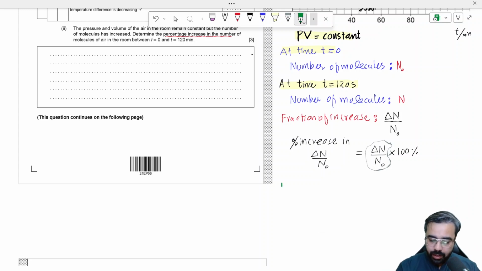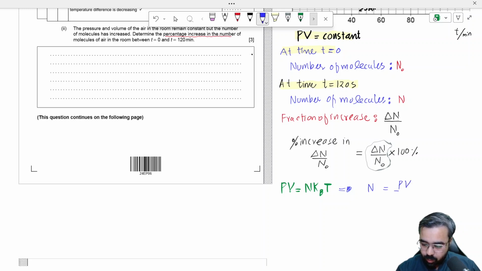You know that is PV equals n kBT. It directly links the pressure and volume with the number of molecules. Since the pressure and volume are constant, kB is constant, so can you say that n equals PV over kB times 1 over temperature, right?